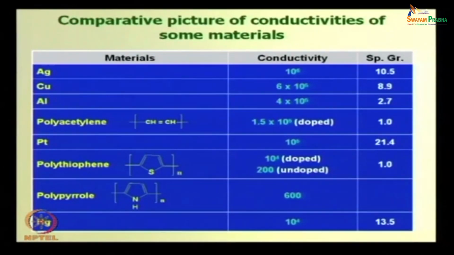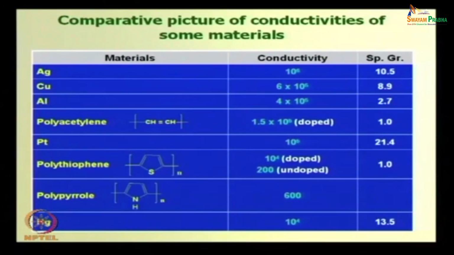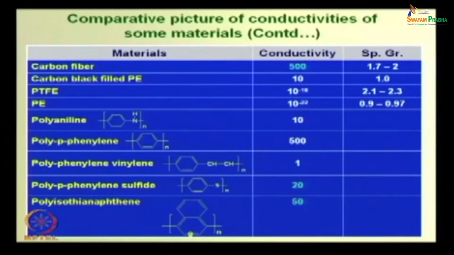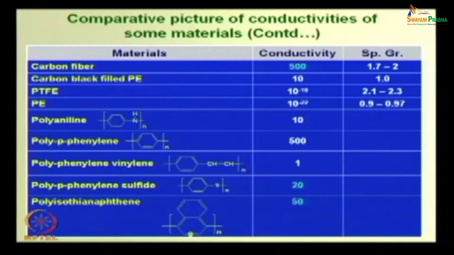Conductivity of mercury, ten to the power 4. Then see carbon fiber, organic material. What is carbon fiber? That is graphitized carbon, that is graphitic form.